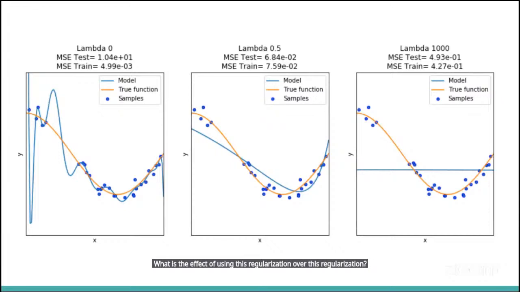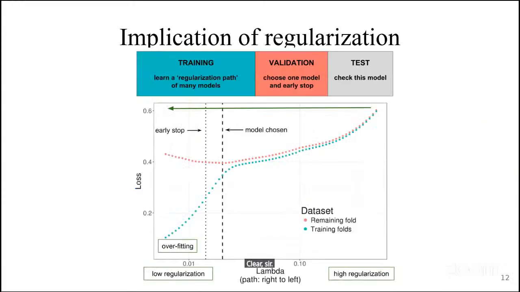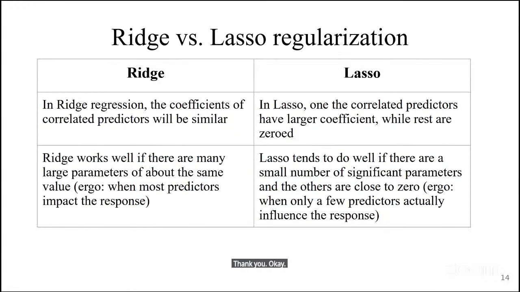But given that lambda controls this model complexity, do any of your students have any doubt regarding this? Clear, sir. Okay, thank you. Okay, so we will see these things again.